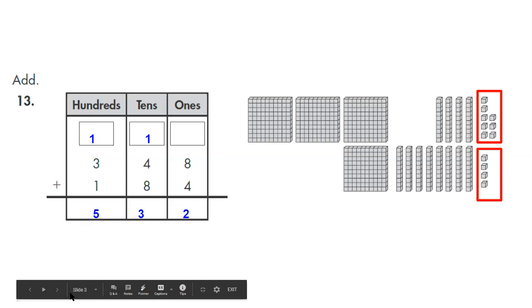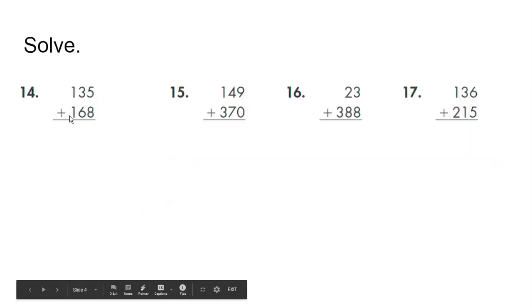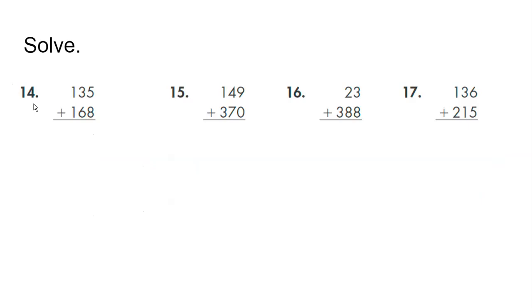Okay, now I think we'll do 2 more problems just so you can see a few different things, to see whether or not you have to regroup. So let's look at number 14. We're going to add our ones first. Always start with your ones. 5 plus 8. What's 5 plus 8?